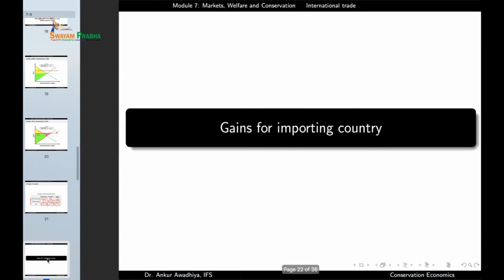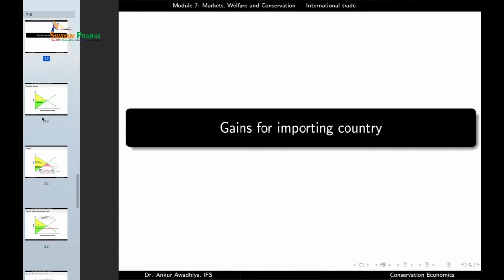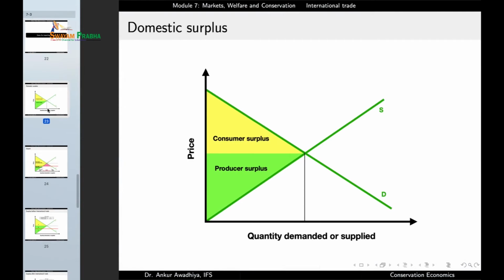But what happens to the importing country? So as before, this is the domestic surplus before the import. We have the consumer surplus in yellow, and we have the producer surplus in green.